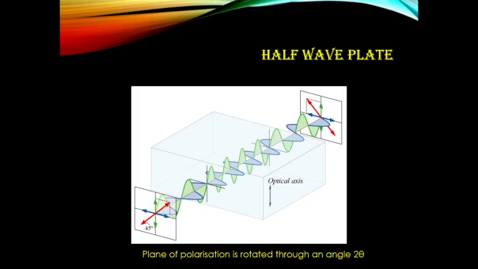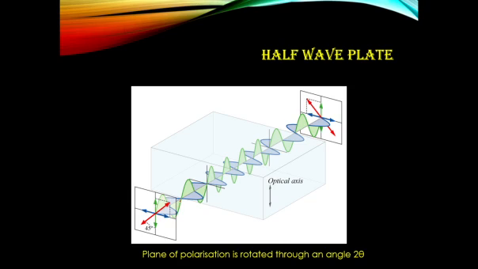Now let us conclude how this half wave plate makes a rotation of 2 theta. Here you can see this red line represents the plane of polarization of the incident wave, and at the incident surface it is split along the blue direction and along the green direction.